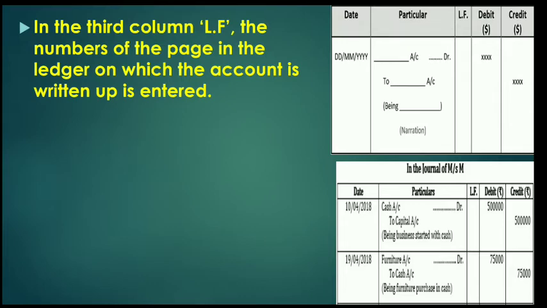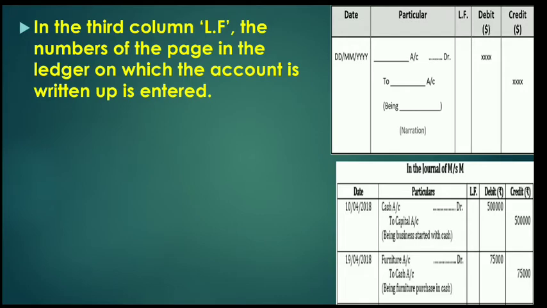This particular transaction that has taken place on say 10th of April will be entered in the ledger book. When we enter it in the ledger book, we have to write the number of the page in the ledger on which the account is written. So that number is to be written in the LF, that is ledger folio.